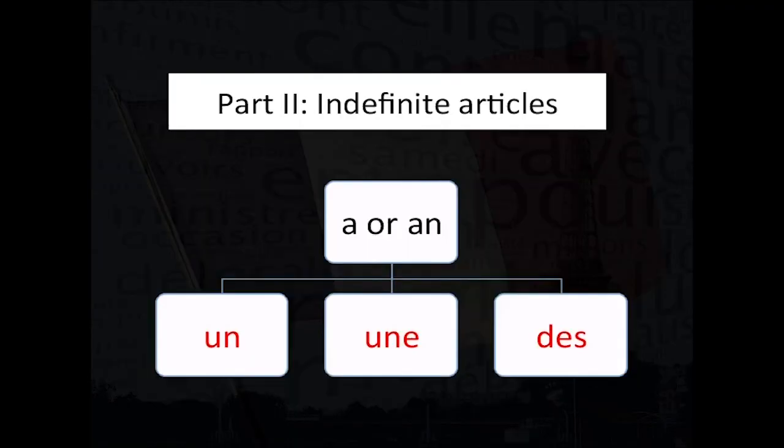In the second part, we learned about the indefinite articles. We found out that the English indefinite article "a" or "an" has 3 forms in French: un, une, and des.